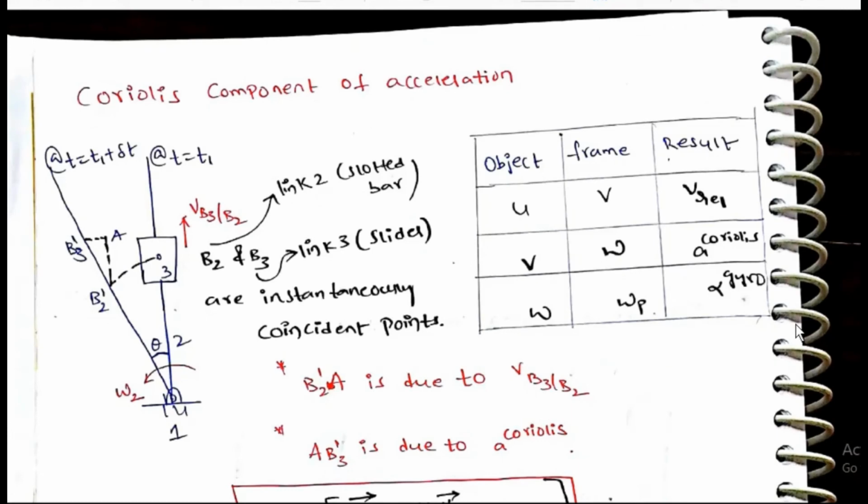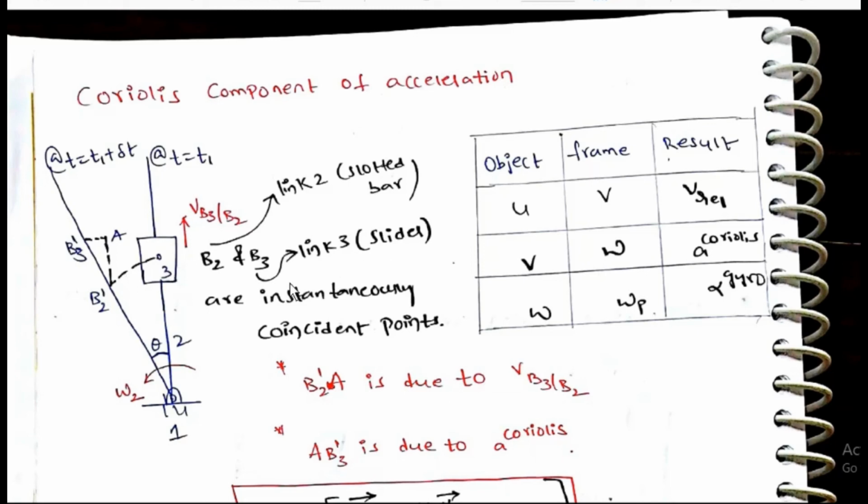Coriolis component of acceleration. Here this is sliding and this slotted bar is rotating. We have already seen this, but we didn't study Coriolis component in depth. Link 2 to slotted bar, link 3 slider.